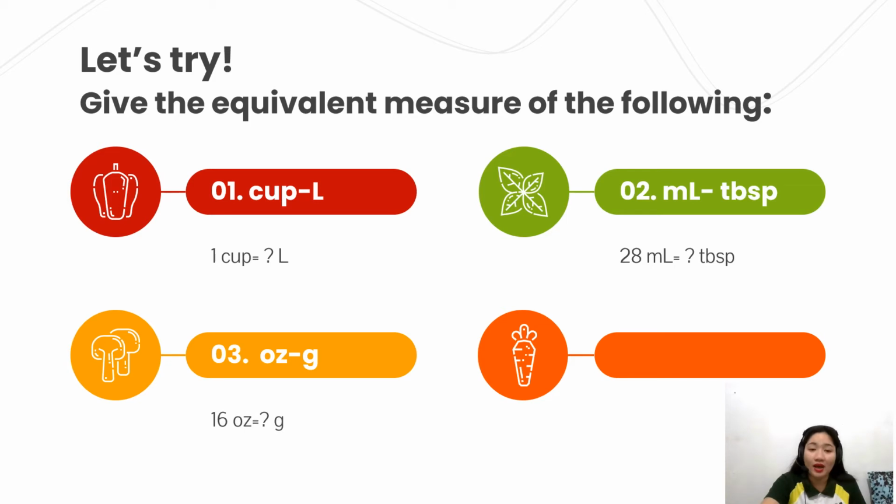How many grams are there in 16 ounces? And for the last one, how many Fahrenheit are there in 200 degrees Celsius? Have the computation in your notebook.